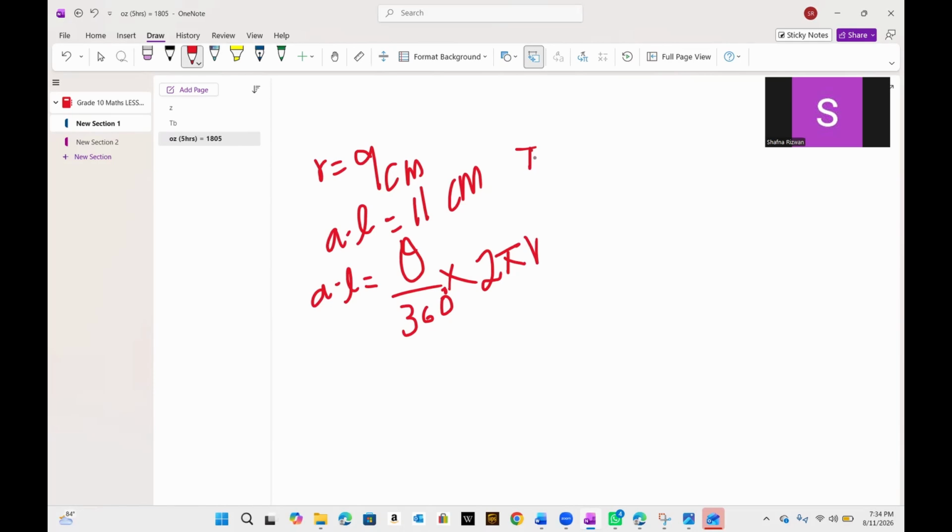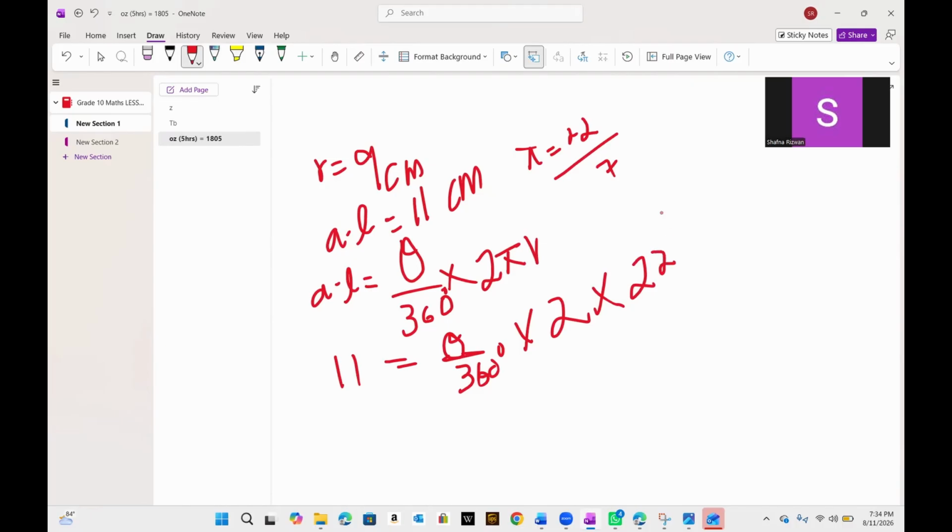Then pi equals 22 over 7. You all should remember this. Arc length is how much now? 11. Write it. How much is theta? Don't know. 360, into 2, into pi which is 22 over 7. How much is the radius?